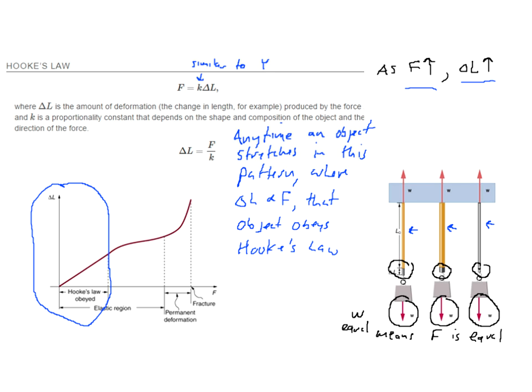So that happens in this region right here. So notice that not all of the graph, though, obeys Hooke's law, because we don't always have this linear relationship. So this is a linear relationship. Notice here the graph curves downward. Here the graph curves upward. And here it looks like it's almost going to infinity. This slope is really, really large.